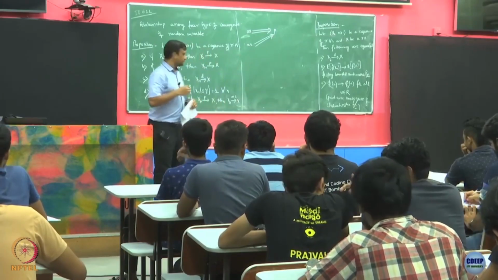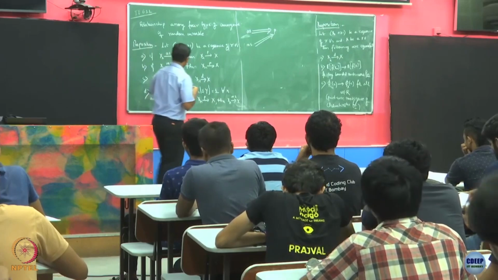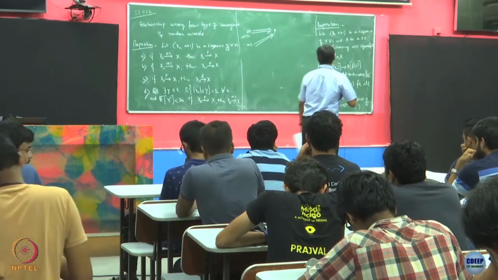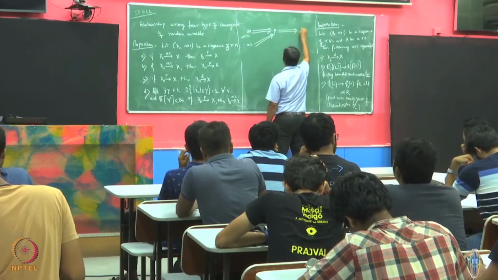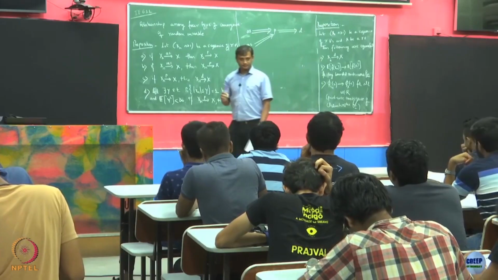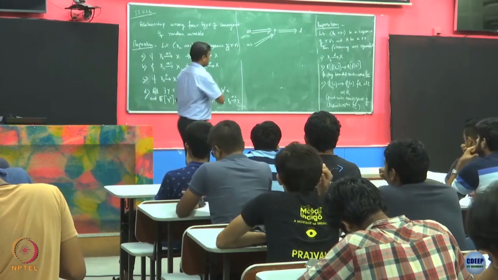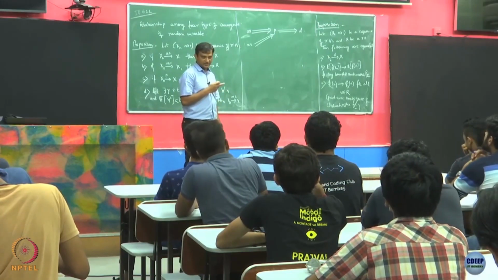Okay, and the third point says that if I have a sequence of random variables that converges in probability, that means that it also converges in distribution.